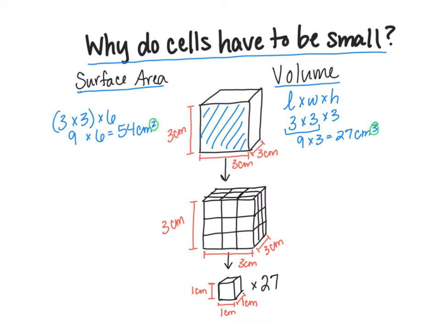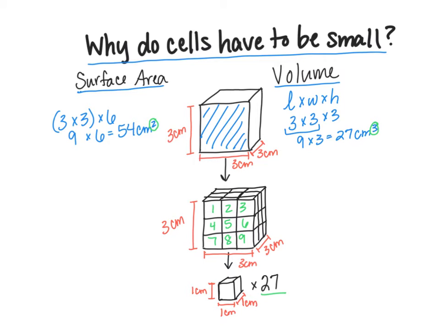And you'll notice that I wrote times 27, and that's because we can count the smaller cubes that we formed from this larger cube. So we've got 1, 2, 3, 4, 5, 6, 7, 8, 9, and then we've got 3 rows of that. So I took 9 boxes times 3 rows deep in order to get 27 of these 1 centimeter boxes.